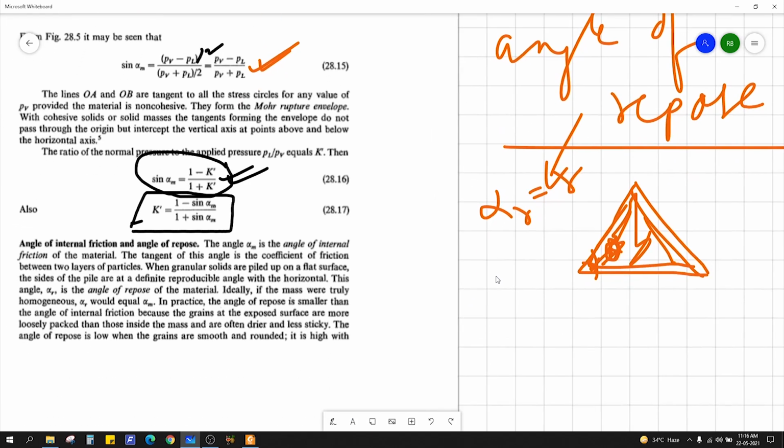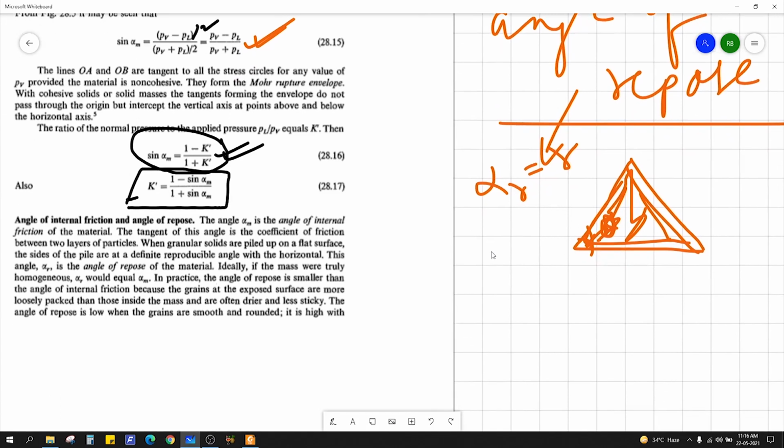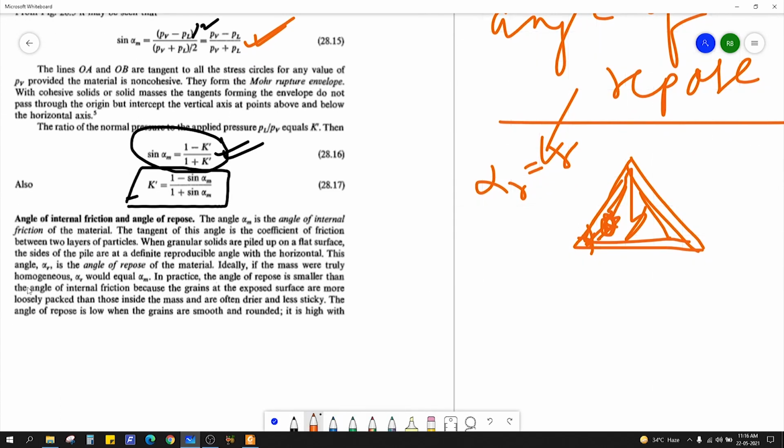It is also said that if the solids are homogeneous, then the angle of repose will be equal to the angle of internal friction. But in general, the angle of repose is less than the angle of internal friction.